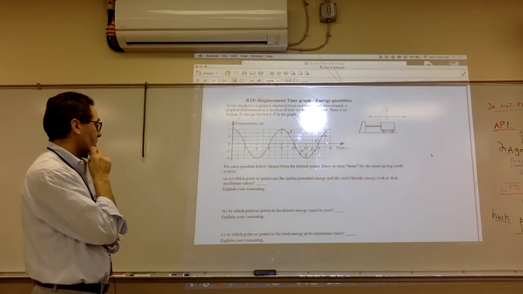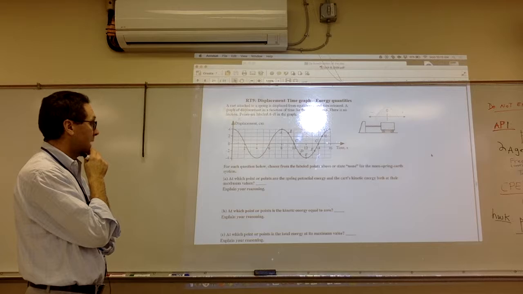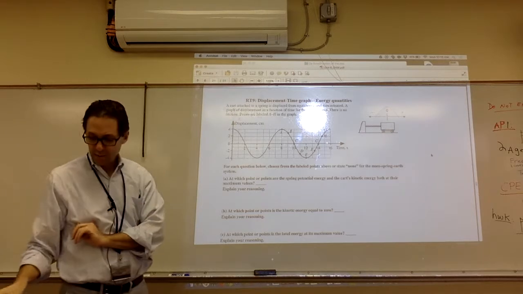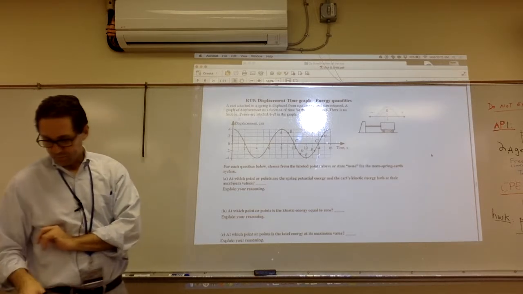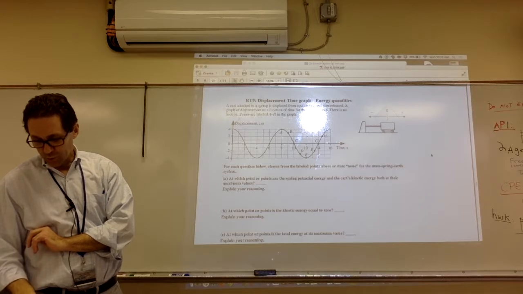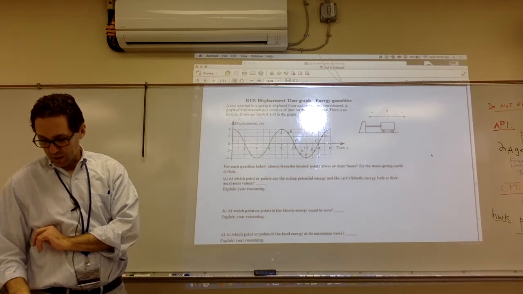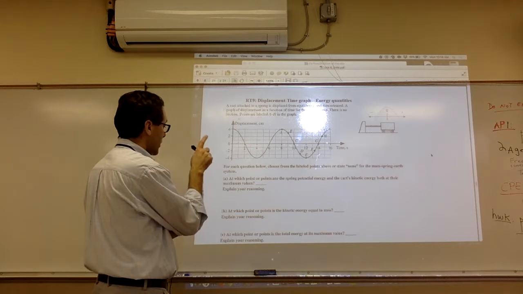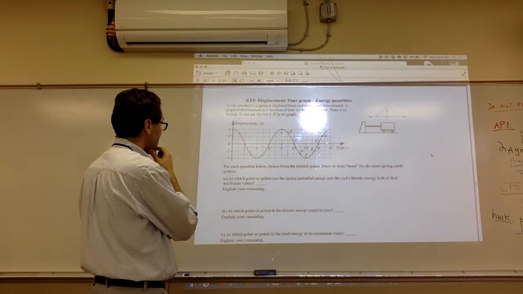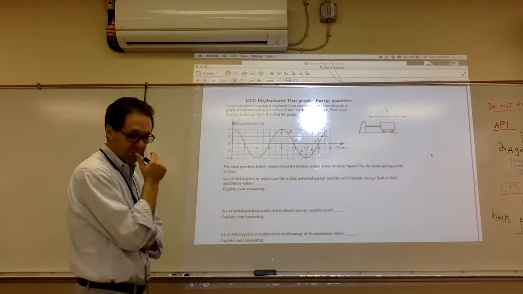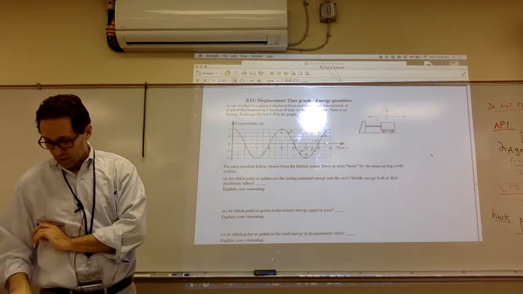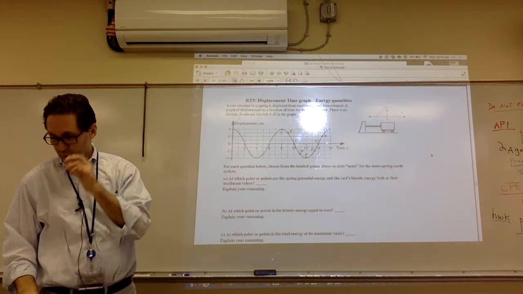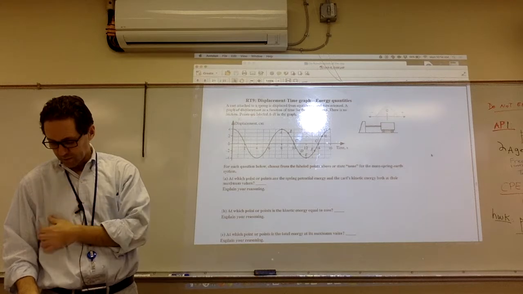All the time, because total energy stays constant no matter where. At which point or points is the spring potential energy negative? It's never negative because of that x squared. So both kinetic energy and potential energy are positive. Energy is a scalar quantity, so we can't talk about negative energy.